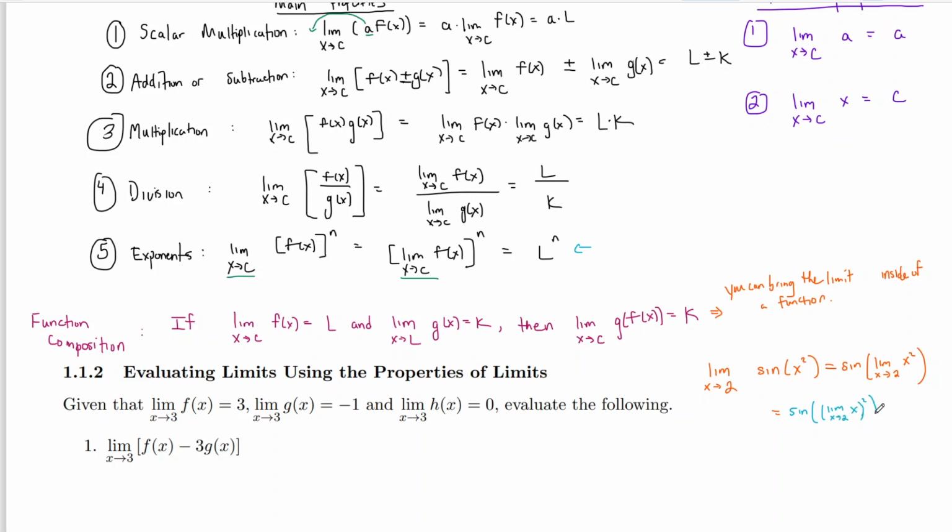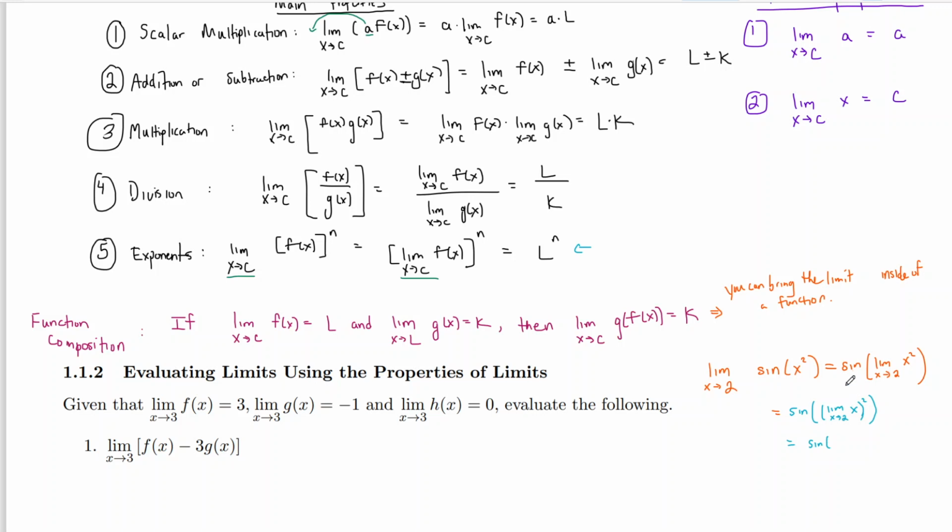But notice it's still in the sine. The reason I have to do it like this is I only know how to evaluate the limits using these two base properties, if the limit is very literally a number or just x. This is x squared, so I had to use the exponent rule to move the exponent outside and do the limit as just x. And then we know when we have the limit of just x, we plug in the 2.